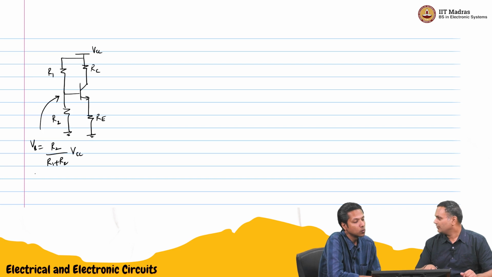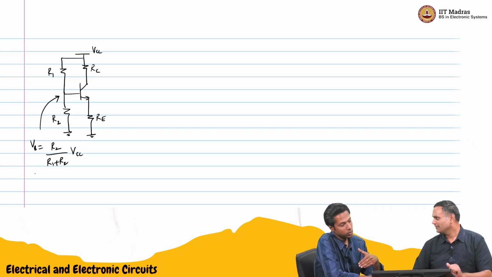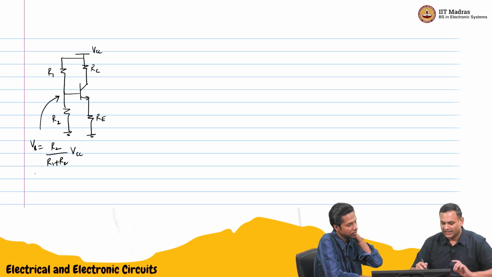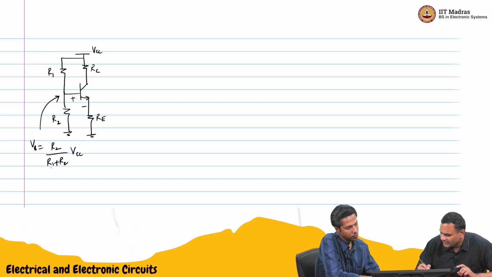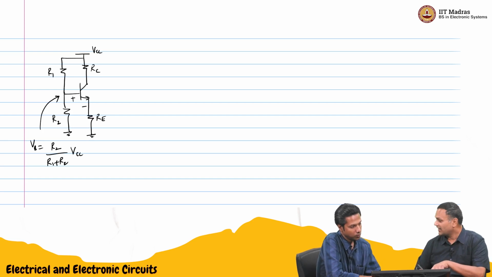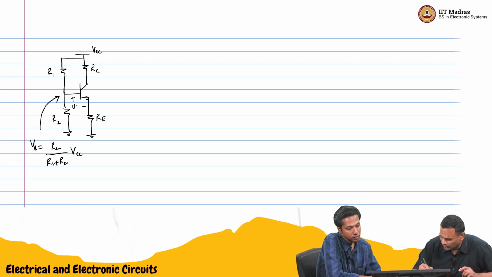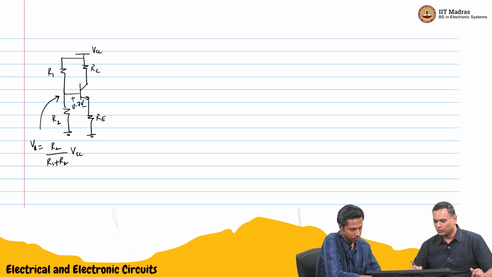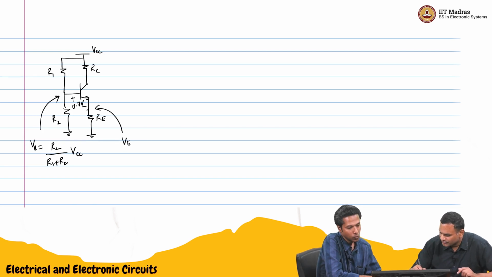And then what did we do? We gave the signal using a capacitive coupling. And in fact, we were able to find the bias current also. So let's do all of that. We said this is 0.7 volts, so VE is just VB minus 0.7.